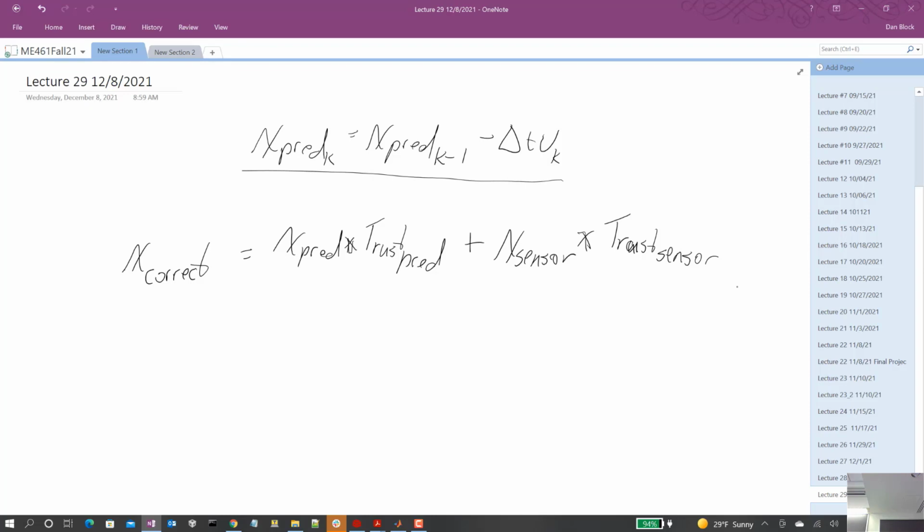The neat thing about a Kalman filter is that you can collect data as the system runs around the floor, and offline you can play around with these trust factors. You don't have to do it just as it's running around on the floor.